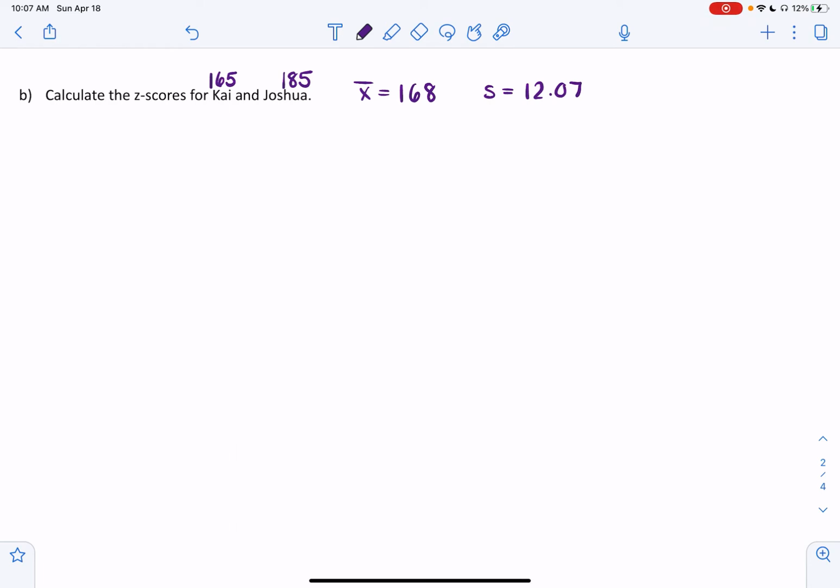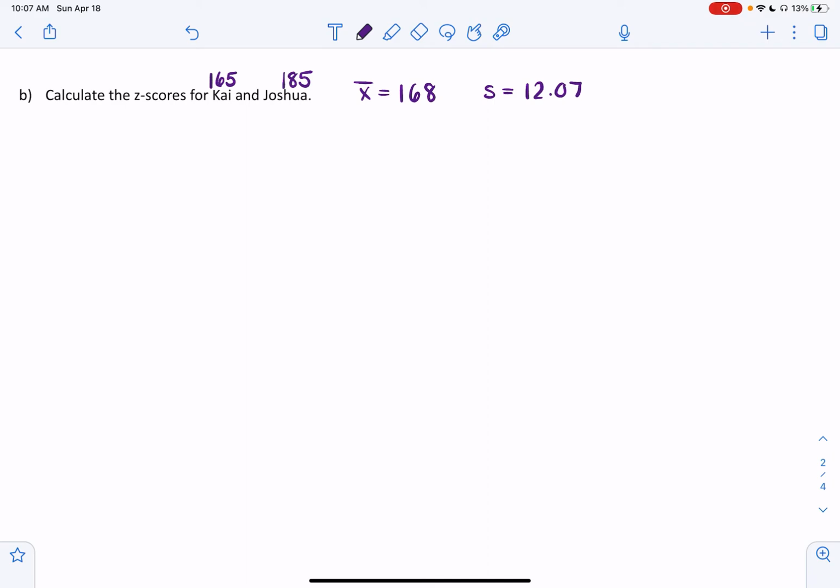Now we want to calculate the z-scores for these two students. The goal here is to understand: are these data points above the mean or below the mean, and if so, how far off are they? Are they maybe an outlier, or are they very close to our mean in the middle of our data?